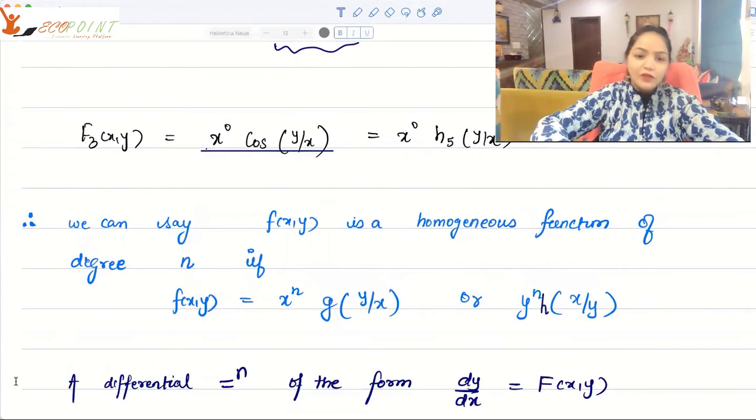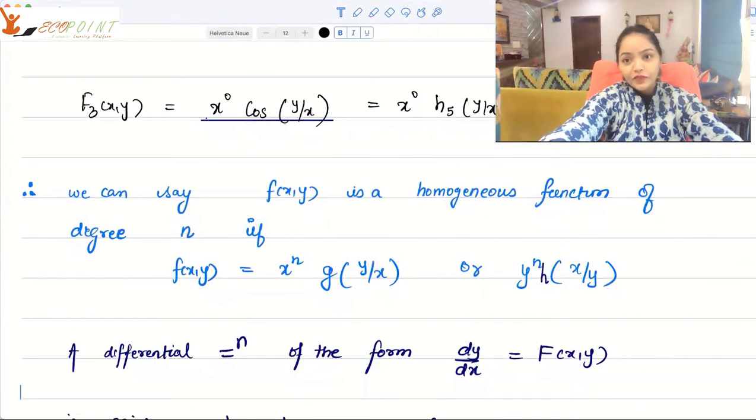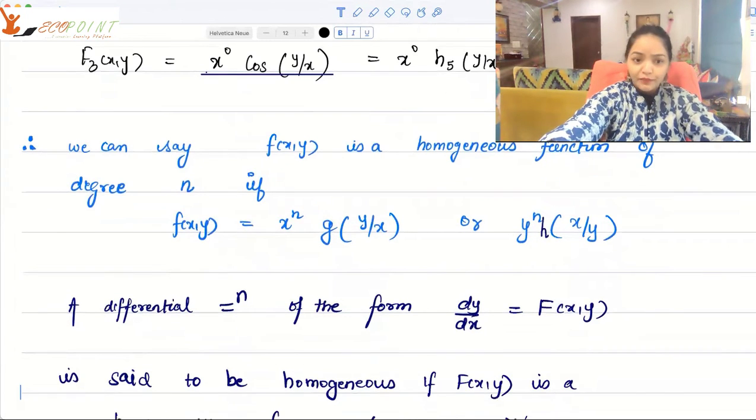So a differential equation of the form dy by dx equals to f(x,y). So suppose you have a differential equation which is dy by dx equals to f(x,y). So we're just talking about order and degree 1.